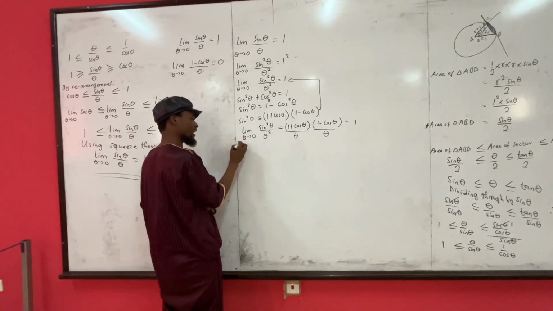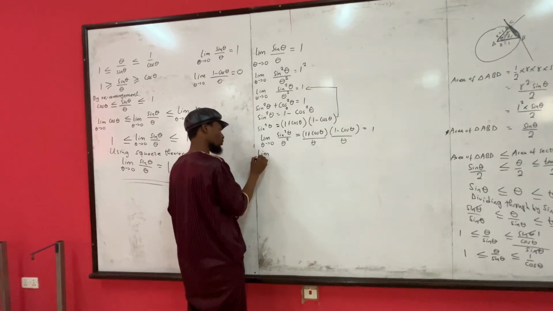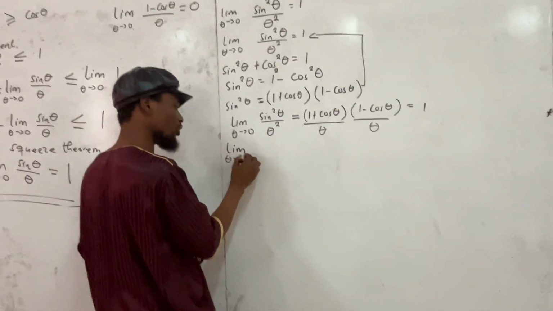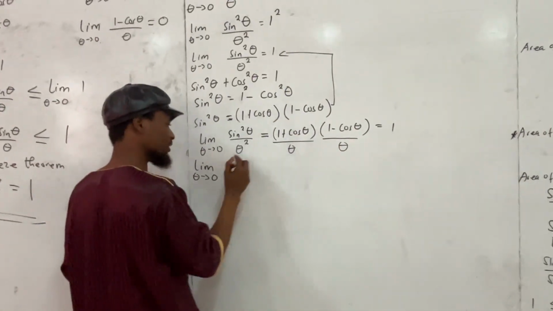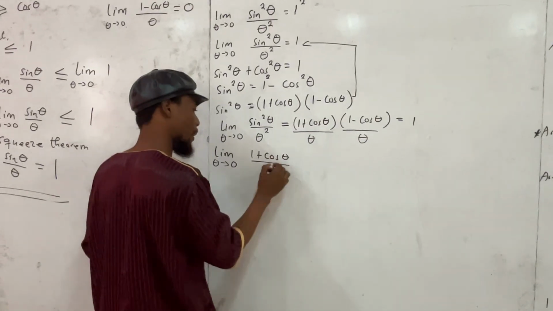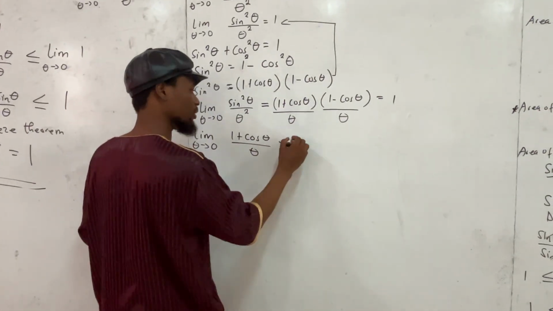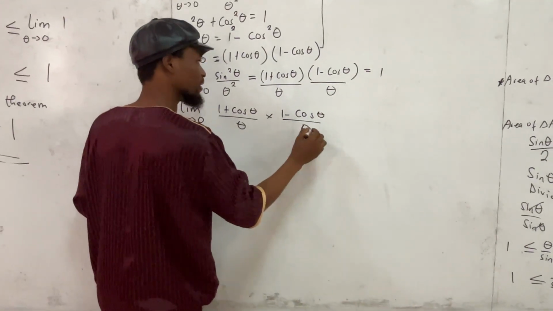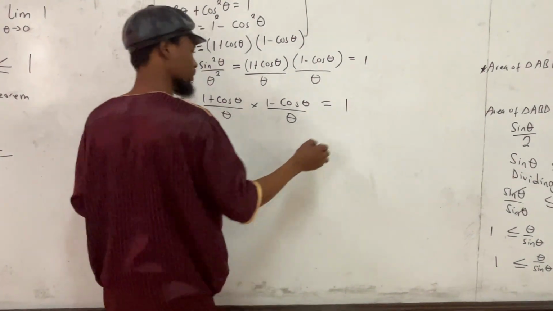So we can therefore say that the limit as theta approaches 0 of 1 plus cos theta over theta, multiplying 1 minus cos theta over theta, is equal to 1.